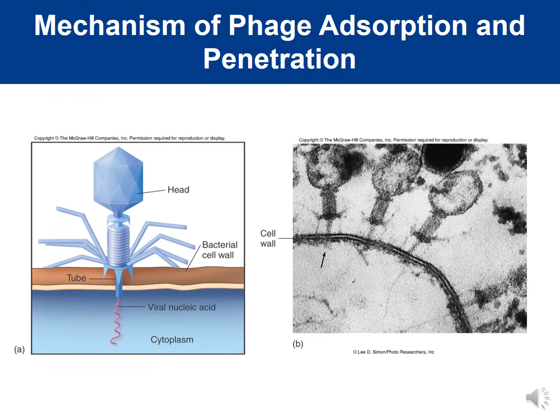So, if we're looking at phage adsorption and penetration, what's going to happen is that the phage are going to use these fibers at the end of the tail to attach to the cell wall.